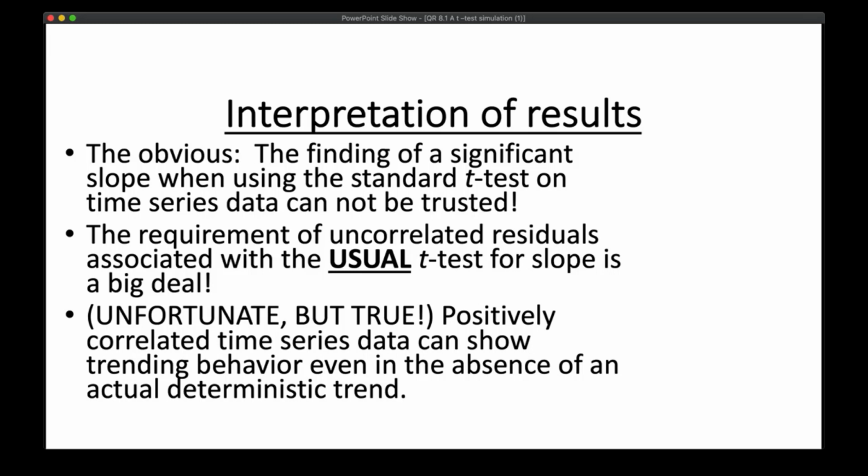It's very possible, very probable, actually, for positively correlated time series data to show trending behavior. It may just not be permanent, but show trending behavior even in the absence of an actual deterministic trend. And that makes this tricky. There's no doubt about it.